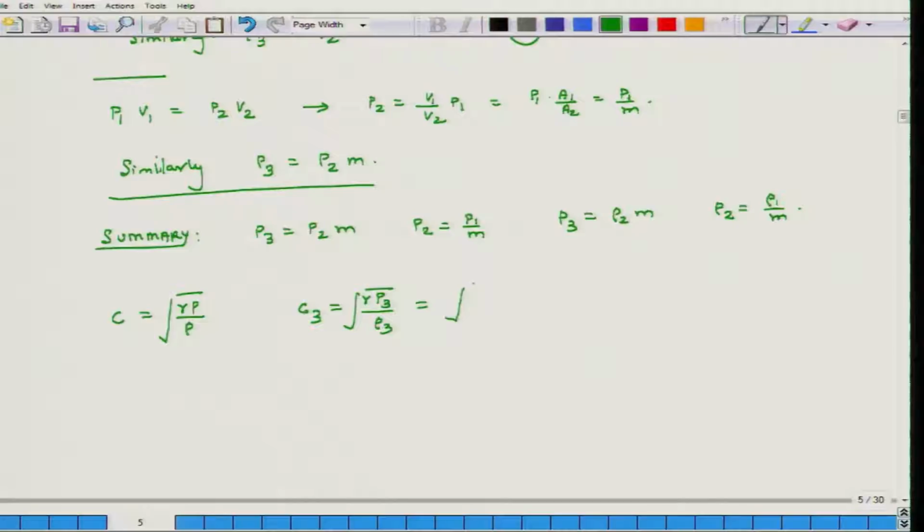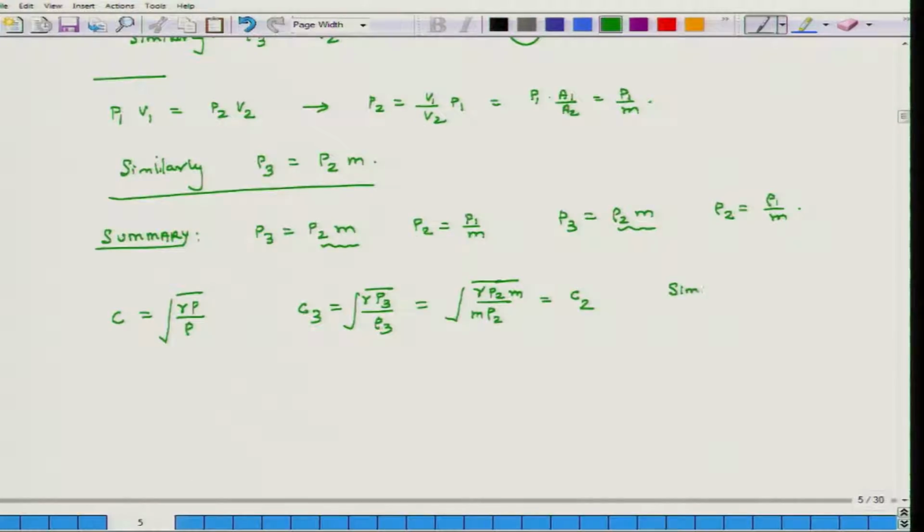And P3 is equal to P2 multiplied by m, and rho 3 is also equal to rho 2 times m. So essentially the density is increasing and also the pressure is increasing in the third section. This means that C3 is equal to C2.